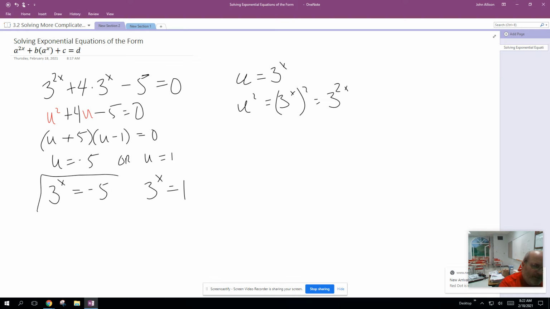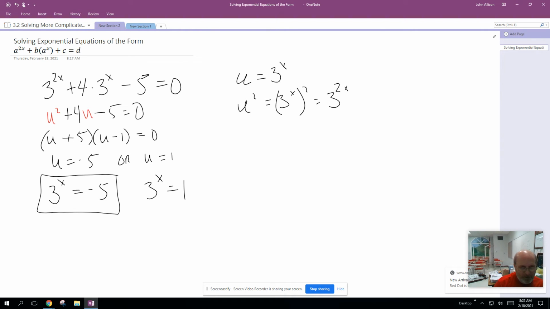Now think about this. Can we raise the positive number 3 to any power and get negative 5? That's impossible. You can't raise 3 to a real number power and get negative 5. If you raise 3 to a negative power, it becomes 1 over 3 to that positive power, which is a positive number, because 3 raised to any power is a positive number.